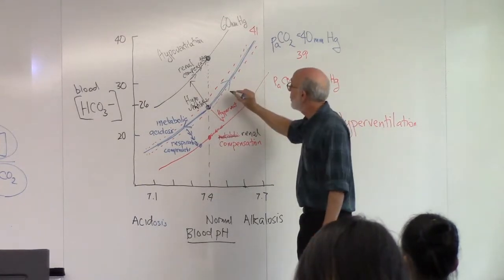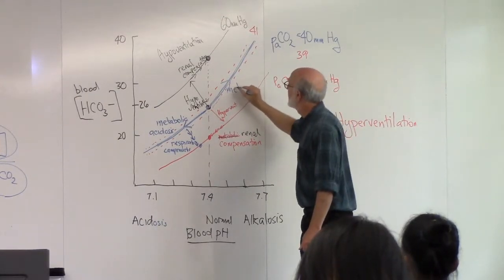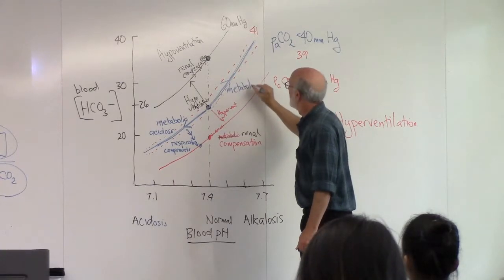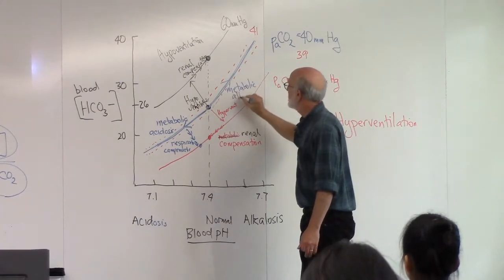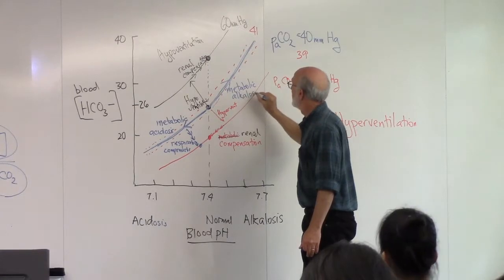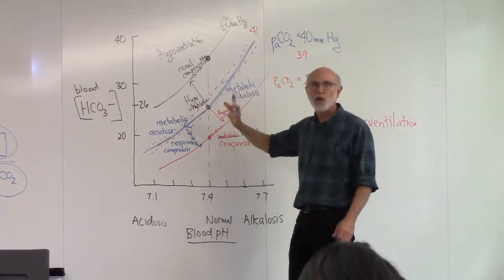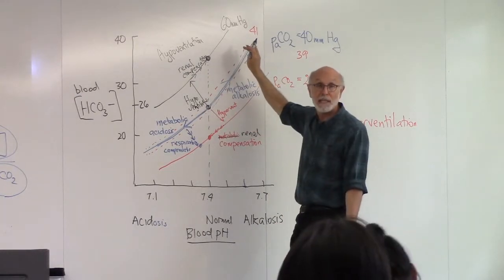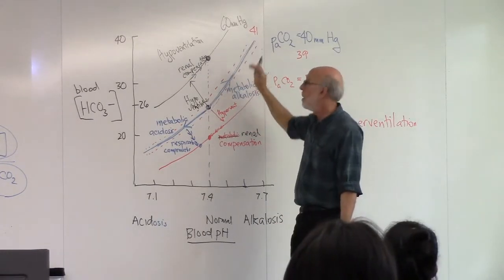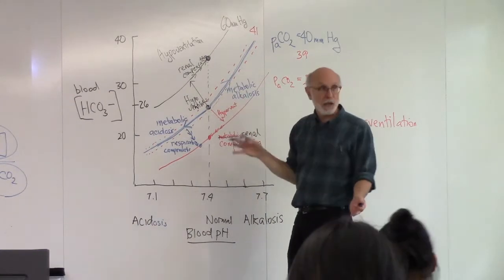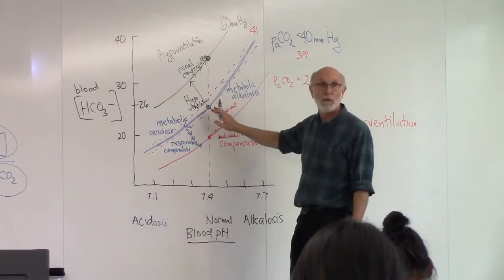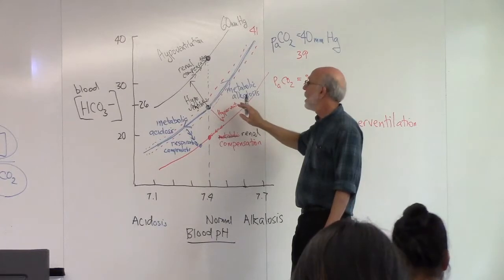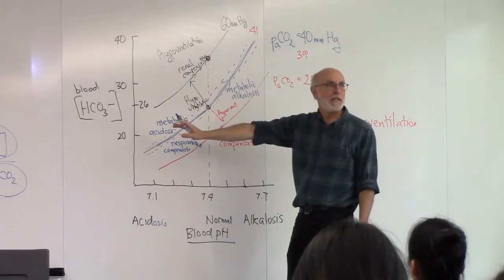So this arrow represents metabolic alkalosis. We're still breathing on the normal curve. Our PCO2 is still 40. But something else is pushing us away from normal. We haven't talked about renal mechanisms, so let's not talk about that.